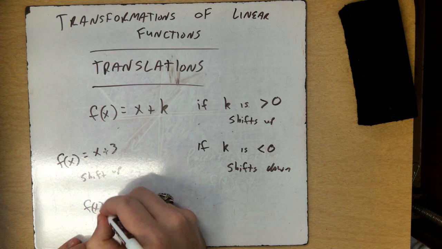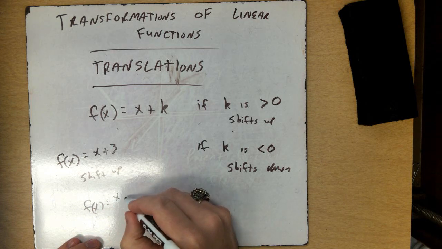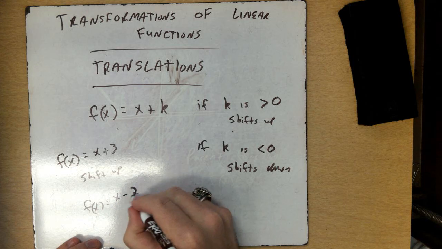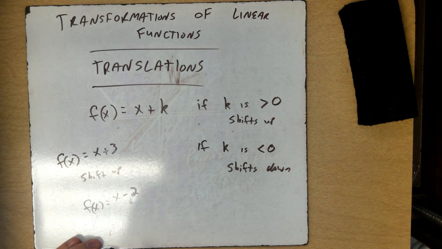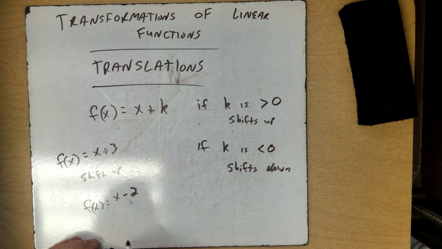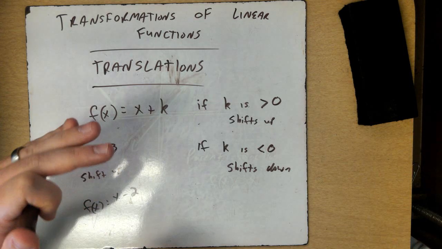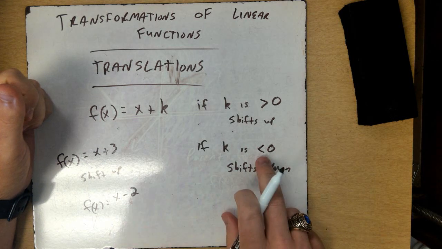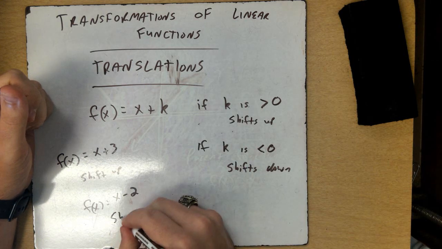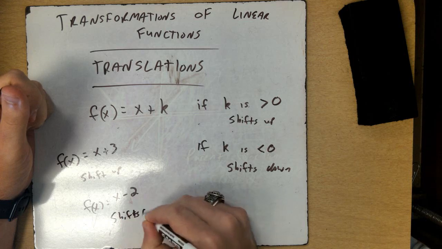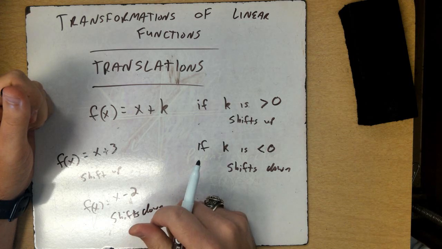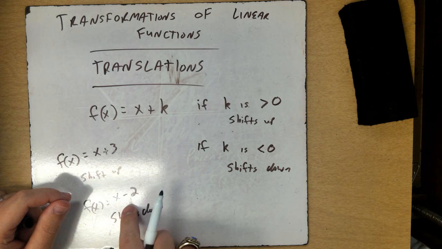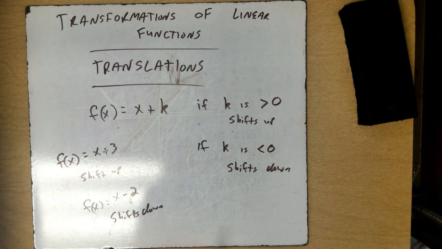If I have this, f of x equals x minus 2, right? X minus 2, right? My k here is less than 0, right? So it shifts down. Right? So my number here is positive, it shifts up. My number here is negative, it shifts down, okay?